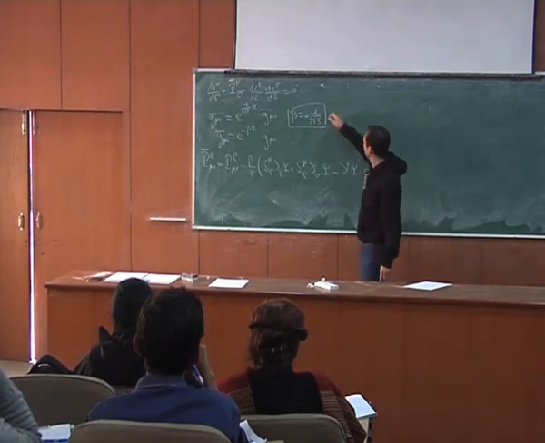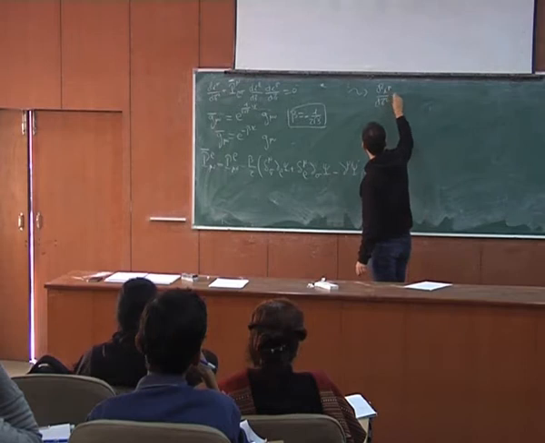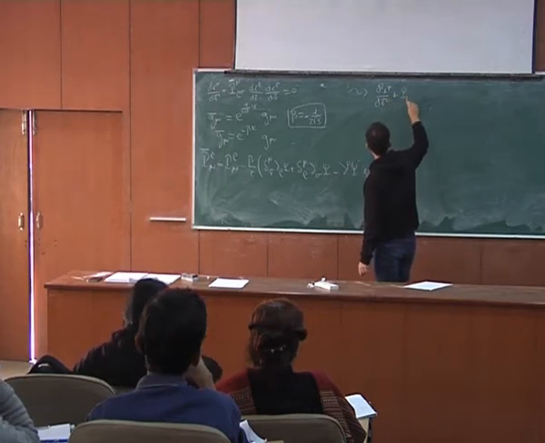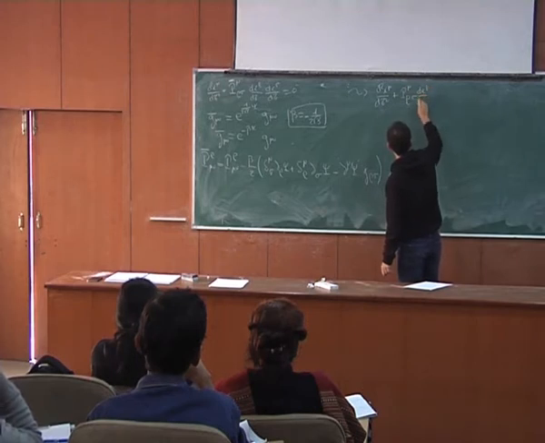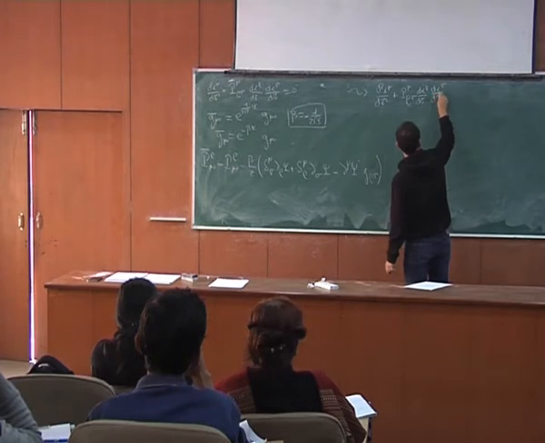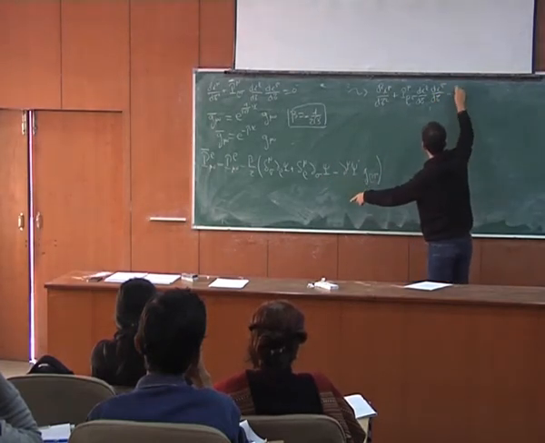So replacing this in the equation of geodesics, I'm getting the standard geodesic equation plus an additional term here, minus beta over 2.